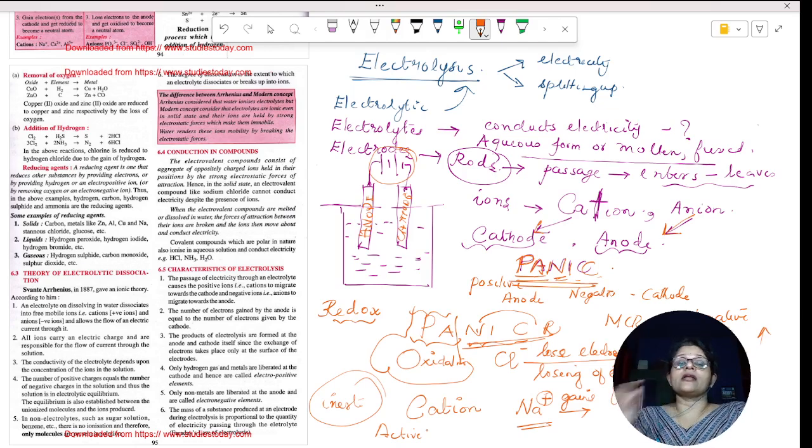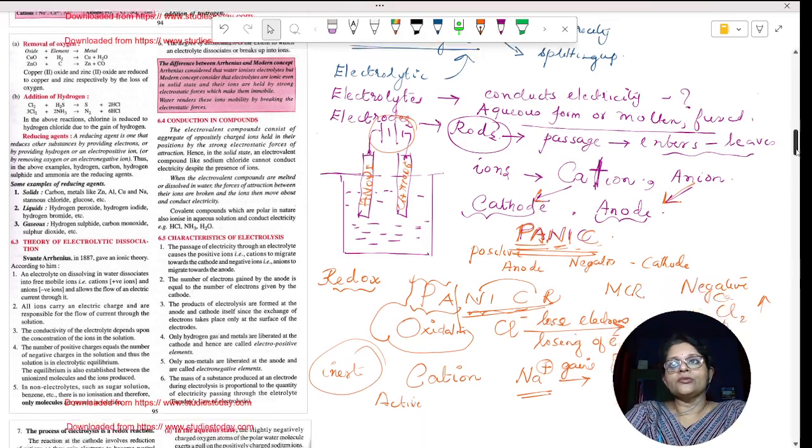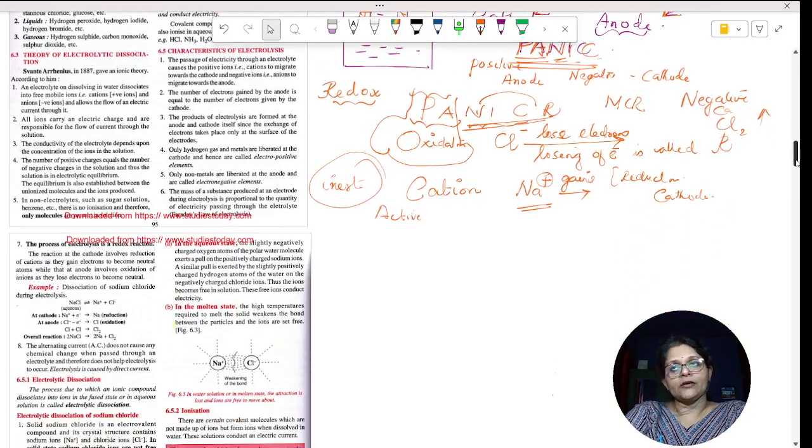But there are active electrodes also. So electrodes are called anode and cathode according to where they are connected, positive and negative. Again, there are two other types: sometimes the anode and cathode may be inert and sometimes they will be active.